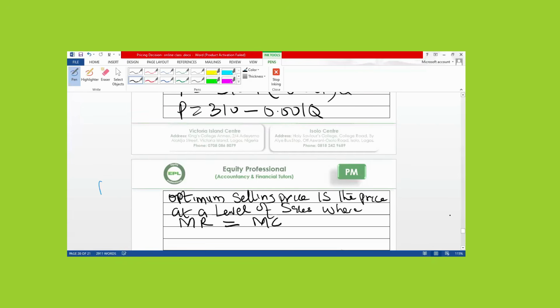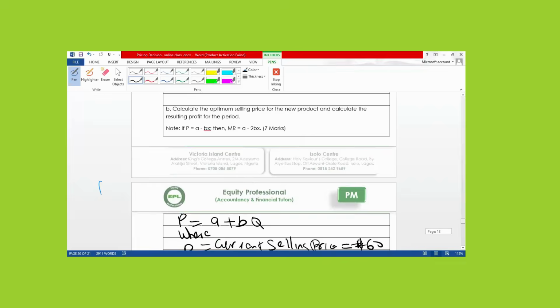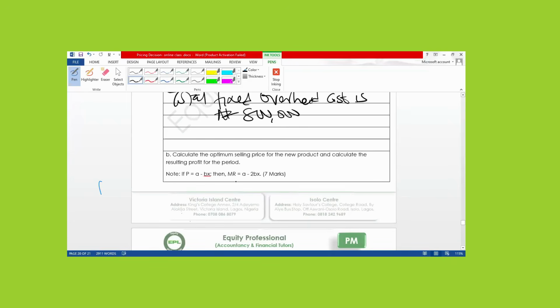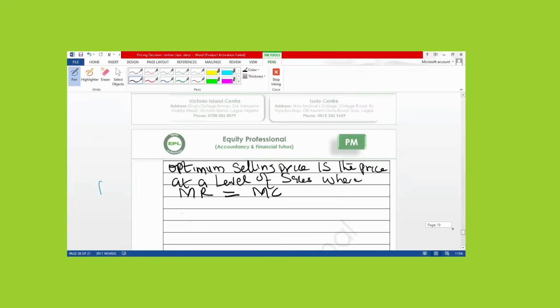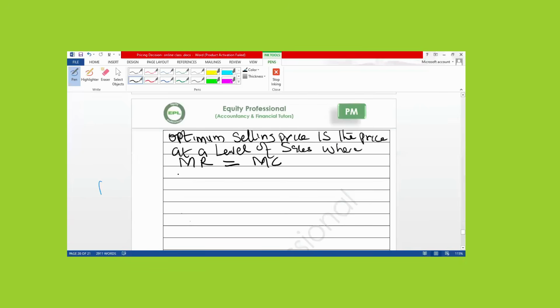Examiner says marginal revenue is equal to A plus 2BX. Your S is your Q. I'll return here. Marginal revenue is A minus 2BQ.